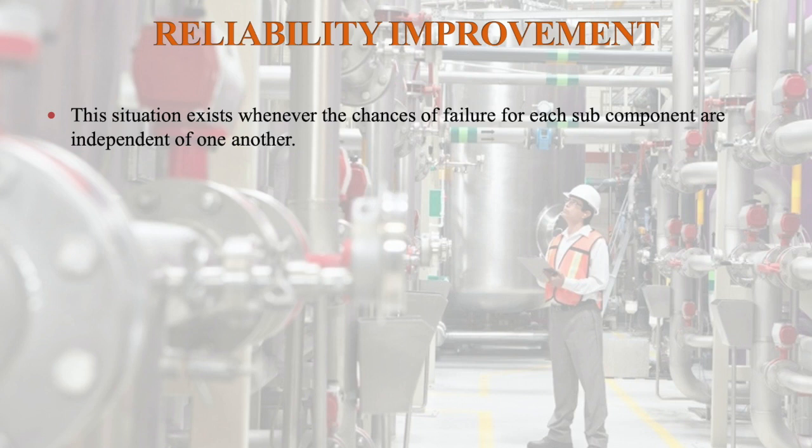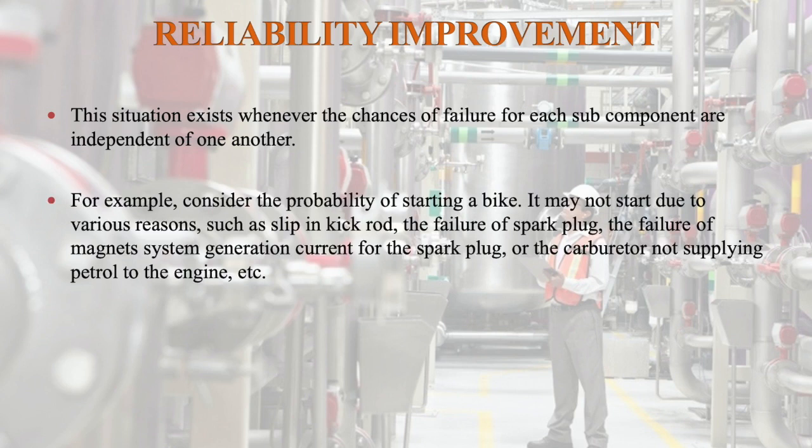This situation exists whenever the chances of failure for each subcomponent are independent of one another. For example, consider the probability of starting a bike. It may not start due to various reasons such as slip in kick rod, the failure of spark plug, the failure of magnet system generating current for the spark plug, or the carburetor not supplying petrol to the engine, etc.